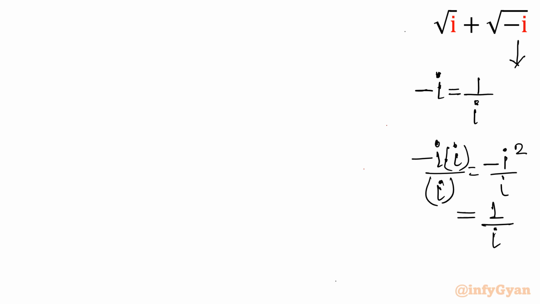Now I am going to substitute here z equal to root i plus 1 over root i. Now this is recalling the x plus 1 over x form. So let me take the square on both sides. Once we take the square of the x plus 1 over x form, then x into 1 over x will generate 2.